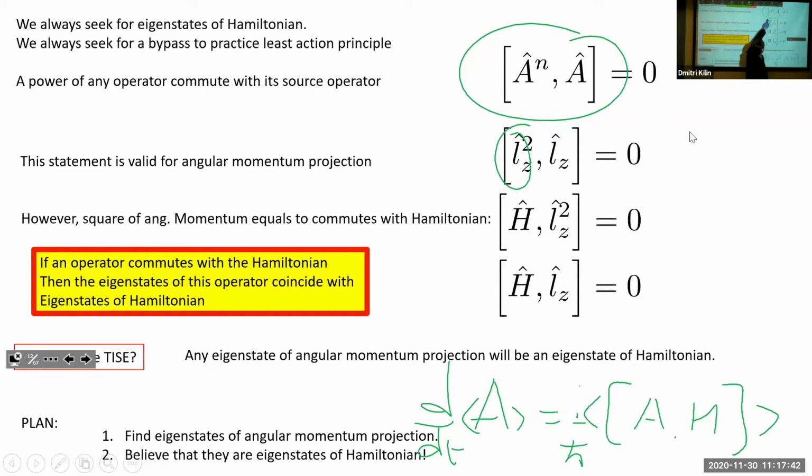So, general property: angular momentum squared commutes with L z, and the Hamiltonian contains only angular momentum, therefore there is a shortcut. If you find eigenstates of the z projection of angular momentum, then you automatically find the eigenstates of the Hamiltonian. Make sense? Are there any questions about why there is a letter Z?